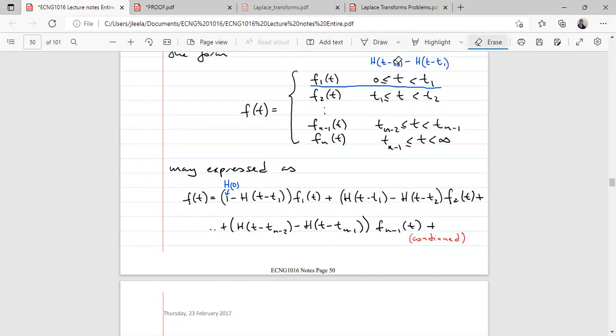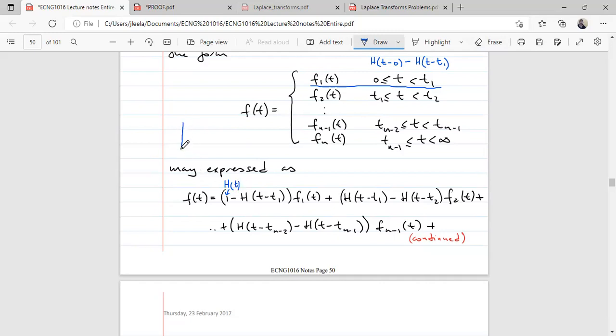So the t naught here will be 0, right? So your t naught here is 0, and your t naught here is t1, right? So this will be the Heaviside at this endpoint here, t minus 0, minus the Heaviside at this endpoint here, t minus t1, right?